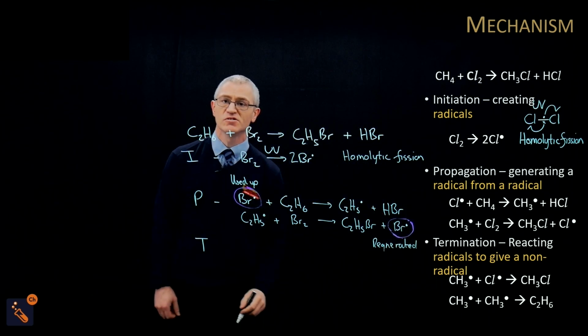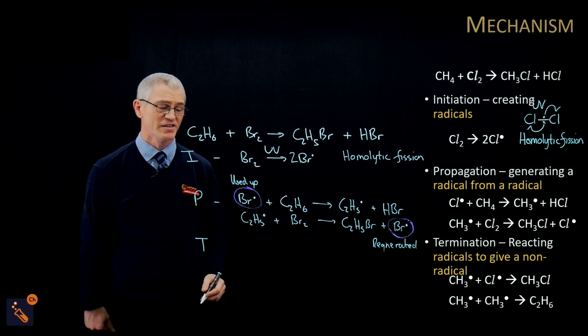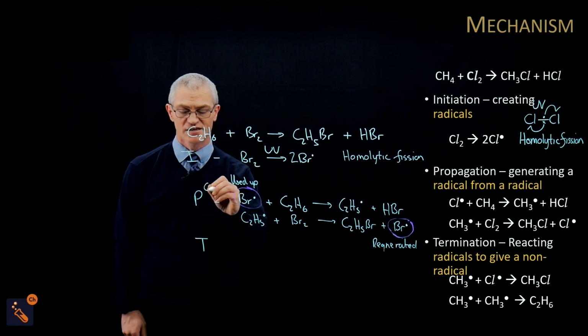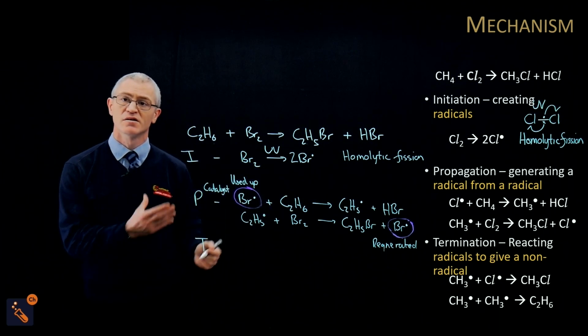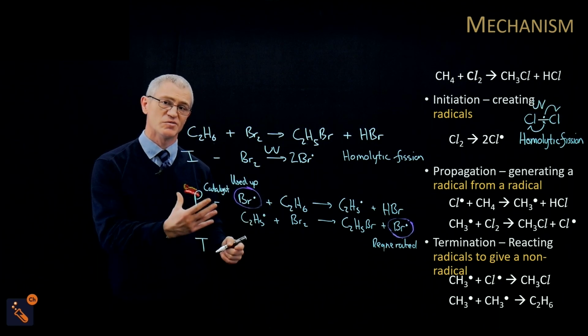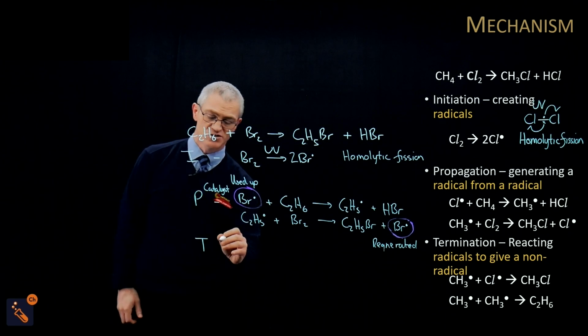Okay, used up, then regenerated. Therefore, that is going to be a catalyst. Okay, so that's going to be a catalyst. So we've got a catalyst here. Really important, could be mark worthy again. And then we just do a termination step.